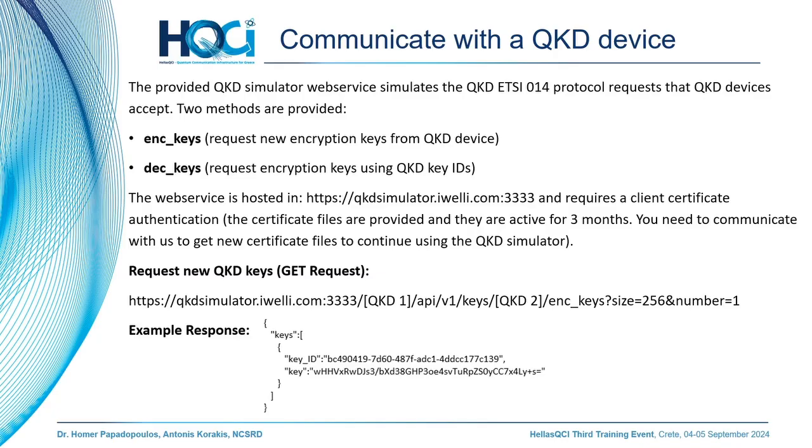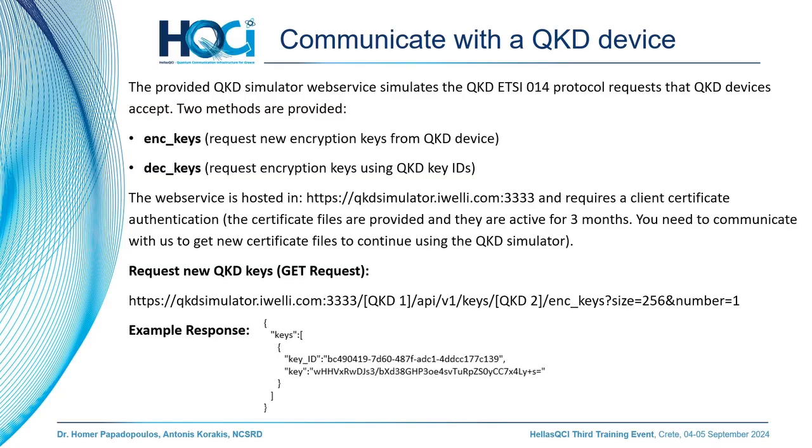How does this system work? We have the QKD and the encryptor, and you want to get keys from the QKD. In order to do that, you have to request new encryption keys, and from the other side, you have to request the QKD key IDs.